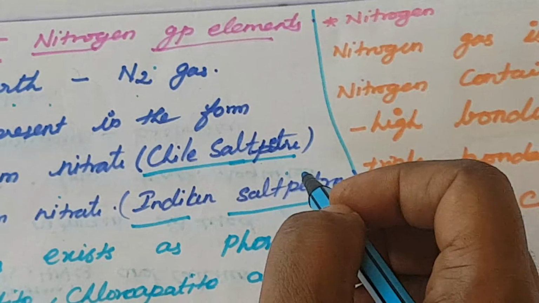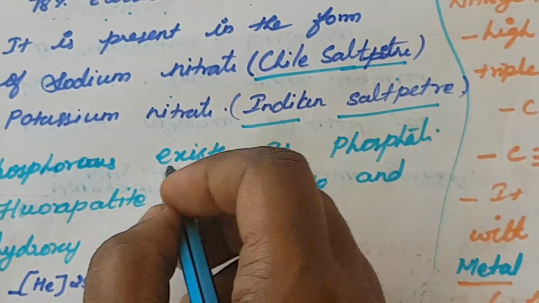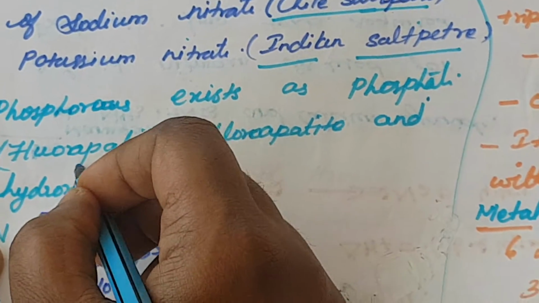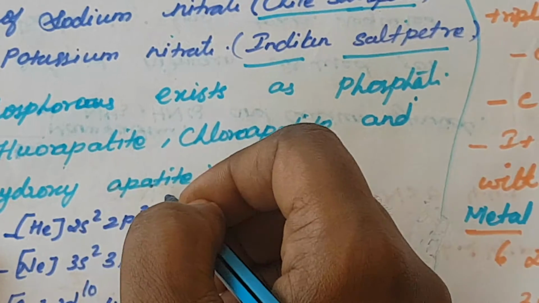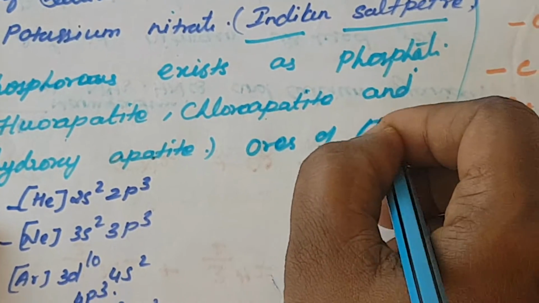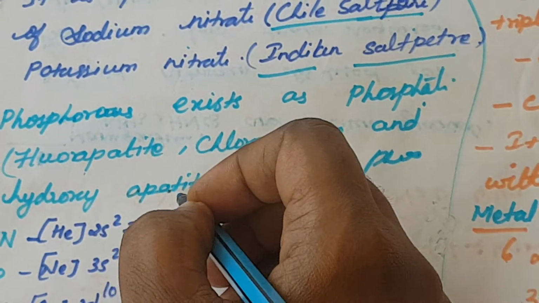This is repeatedly asked as a one mark question. Phosphorus exists as phosphate minerals, that is fluoroapatite, chloroapatite and hydroxyapatite, which are the ores of phosphorus.